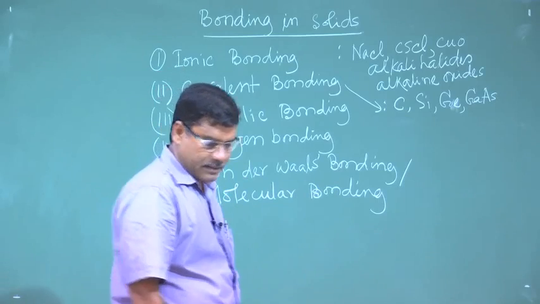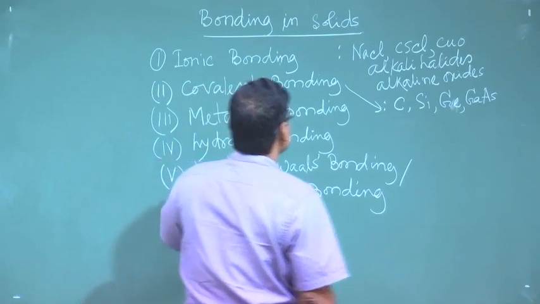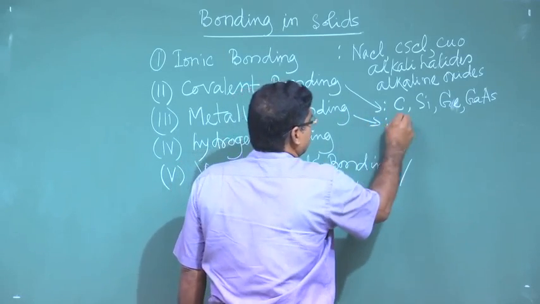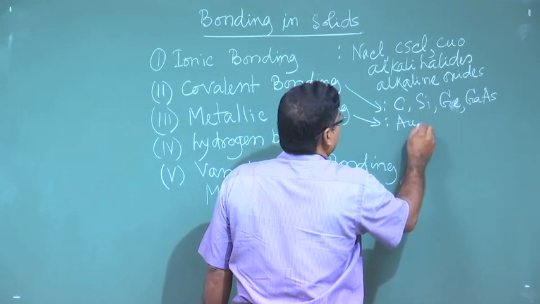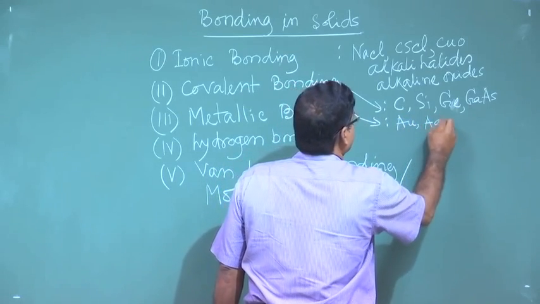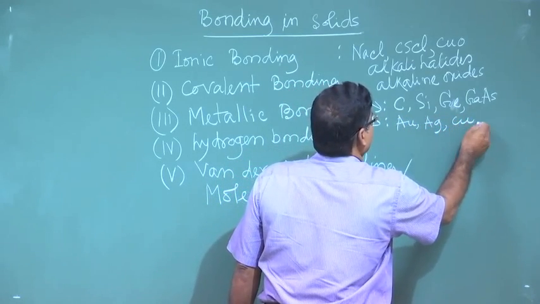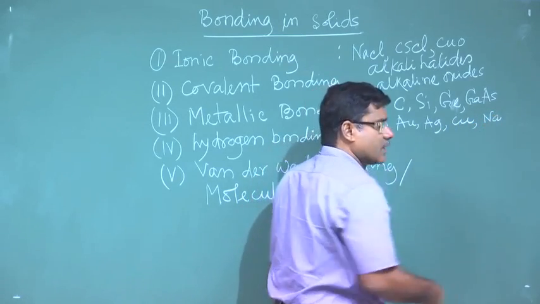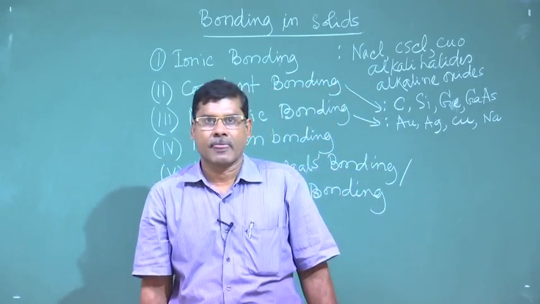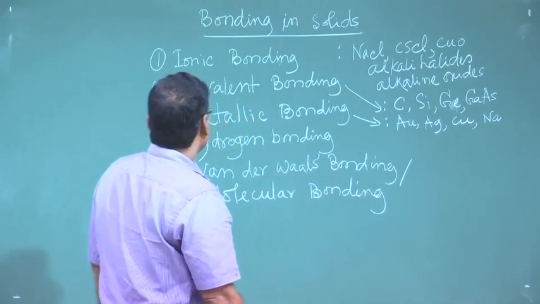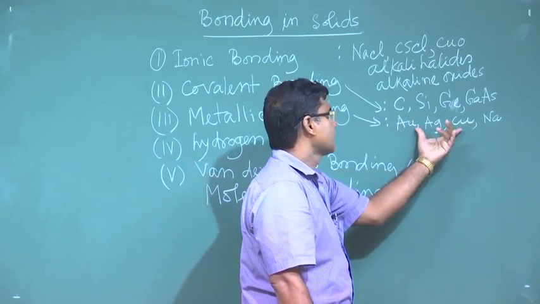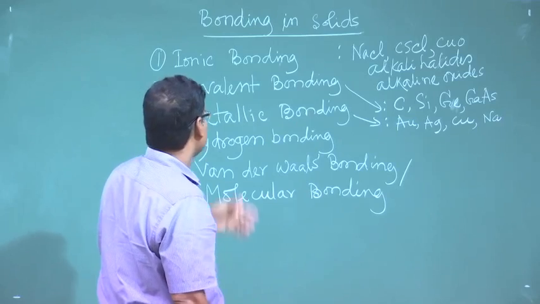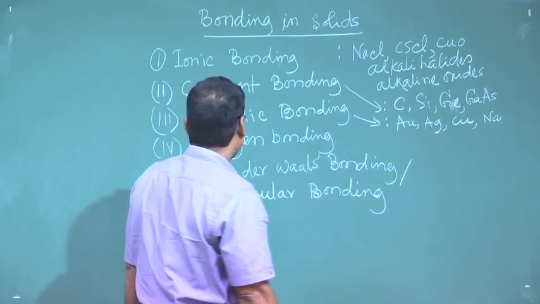And then metallic bonding, we see this in metals. It can be gold, silver, copper, sodium solid. These solids are made because of this metallic bonding.